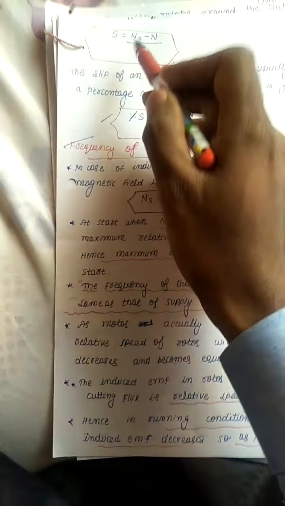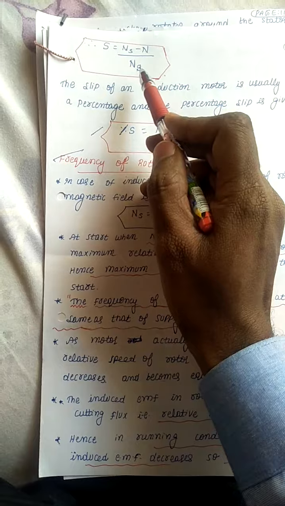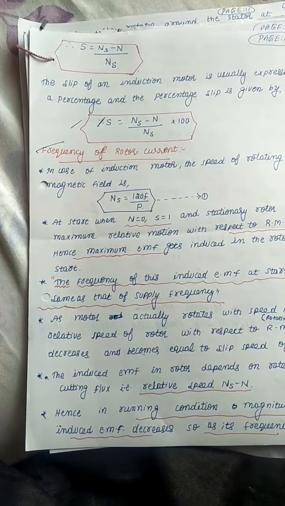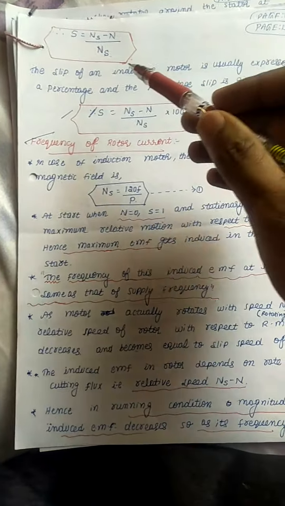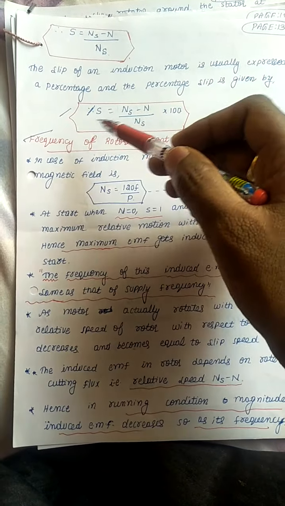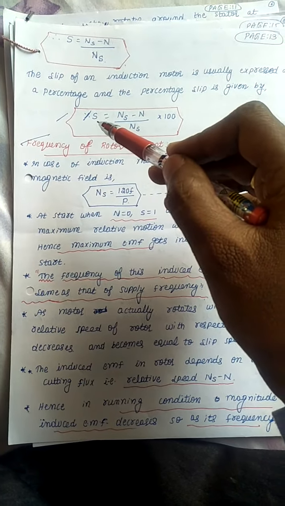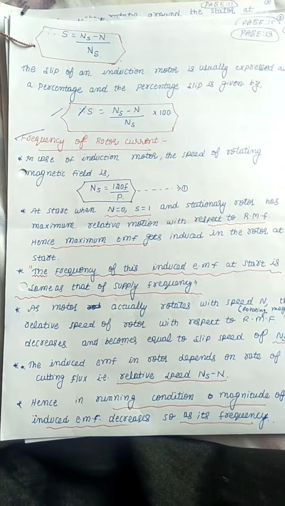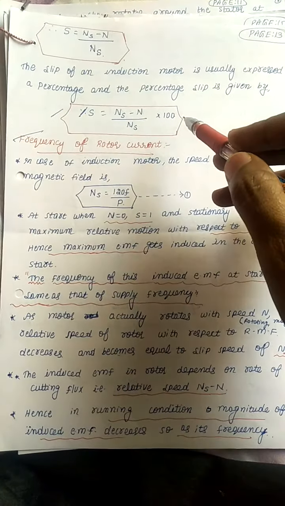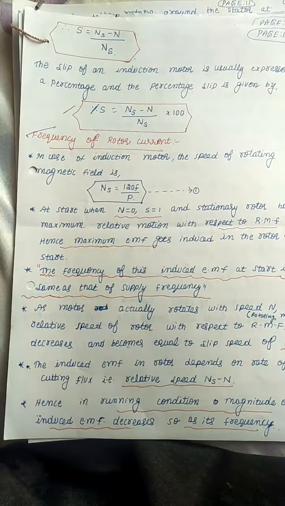So the slip is equal to Ns minus N divided by Ns. If you want it in percentage, you have to multiply by 100. Then you will get the slip of an induction motor in percentage. This formula is very important to solve the problems.